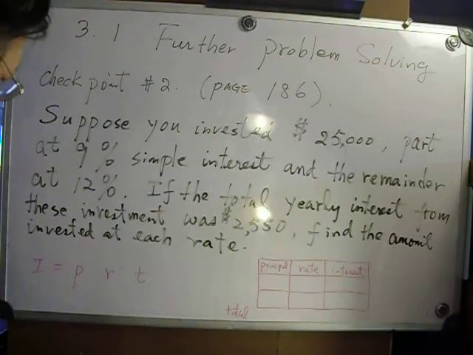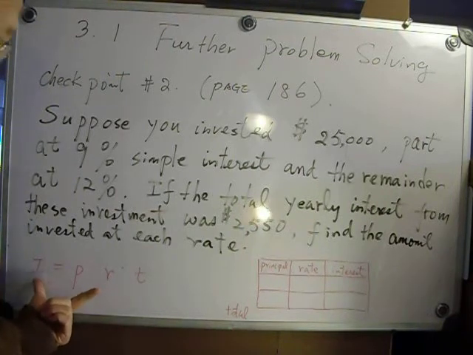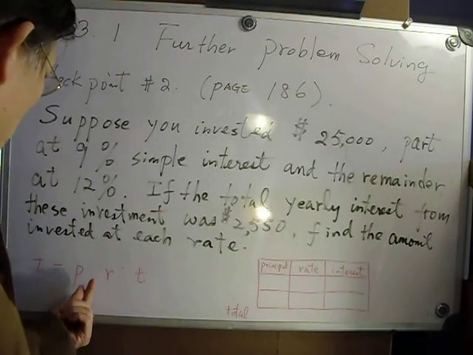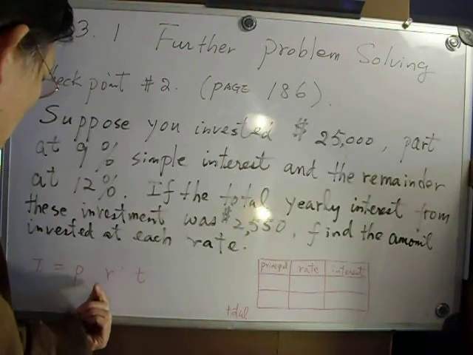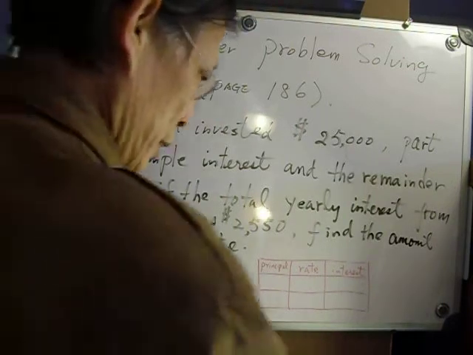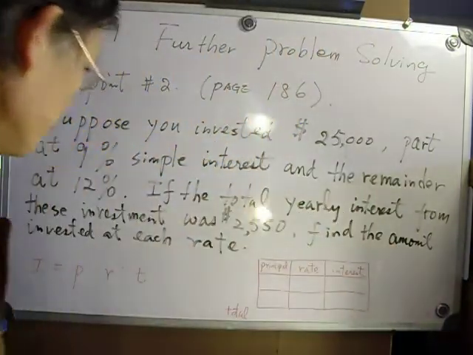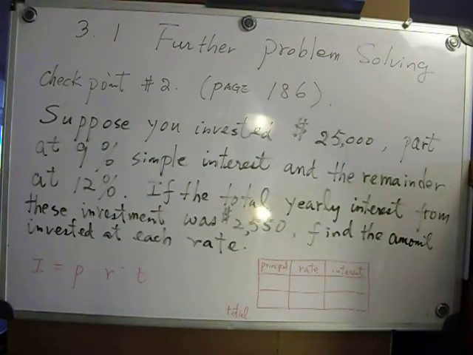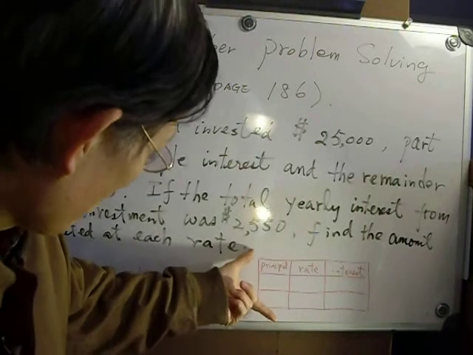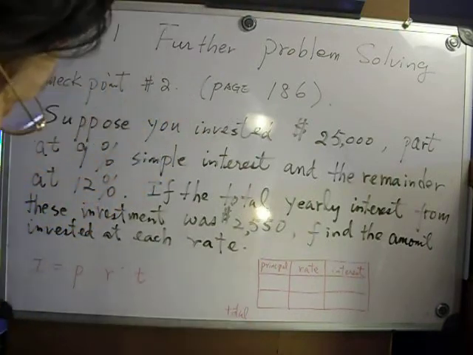So now we have this formula: interest equals principal times rate times 1 year. That's our formula, so we are using this. First we build a table like this.